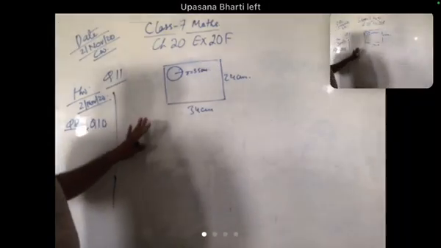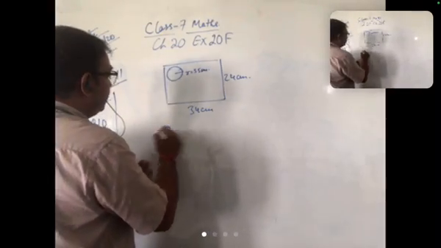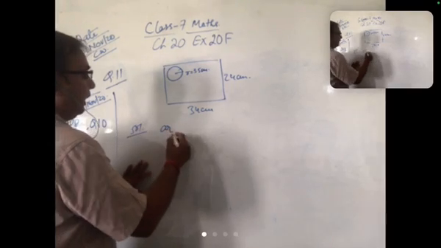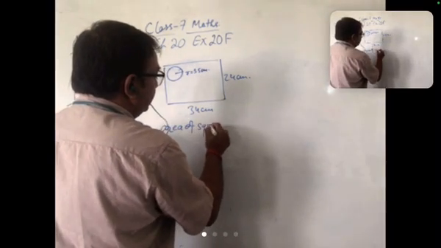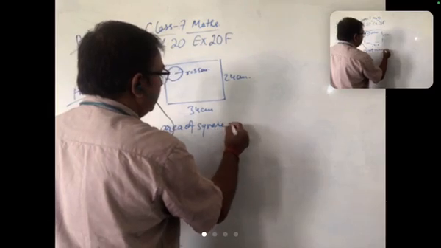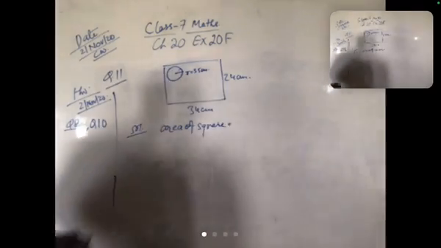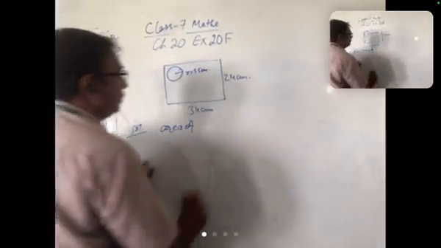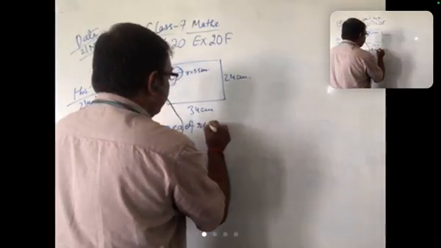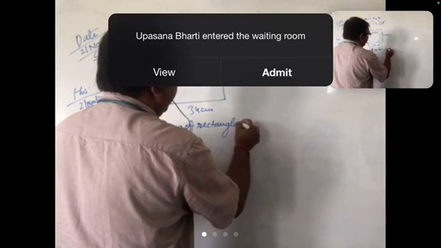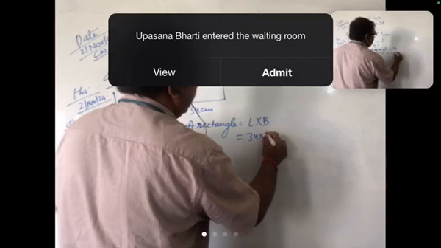So first we have to find the area of the square. Sorry, it's a rectangle, it's my mistake. It is a rectangular sheet. So area of rectangle is equal to length times breadth, which is equal to 34 times 24.